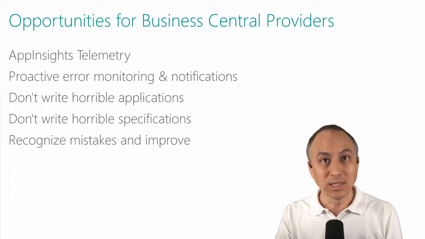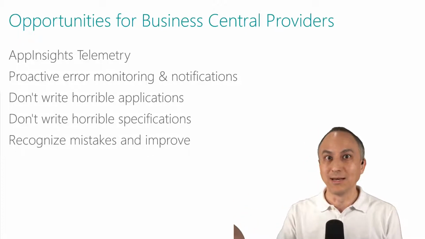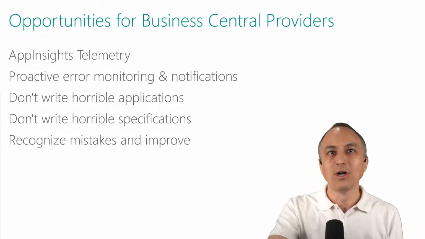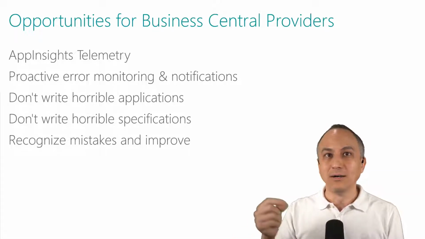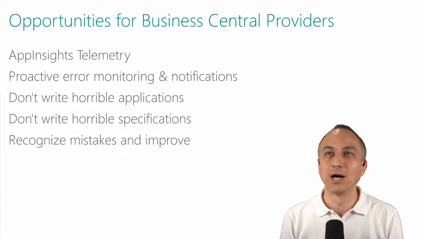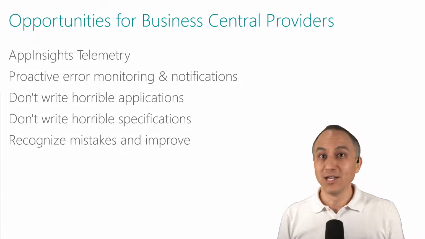Hey, we noticed this error occurred. Let's look into it. I mean, how good is that? It's not that the customer has to contact their partner who has to contact the ISV. No, let's just shortcut all of that. Proactive error monitoring and notifications. Okay, let's just move on to the obvious.